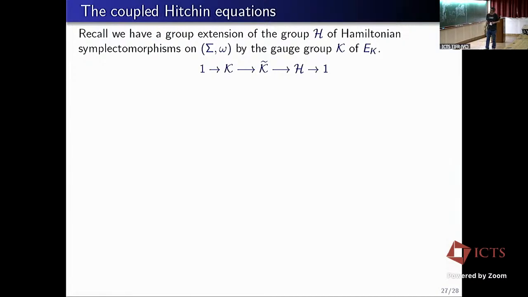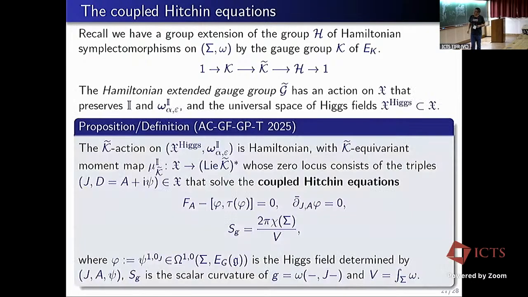In this case, we now focus on this Hamiltonian extended gauge group and its action on the space of X with this tautological complex structure and this minimally coupled Kähler fibration structure.